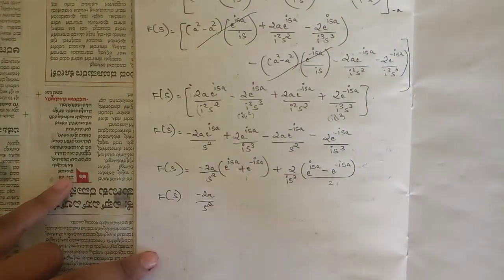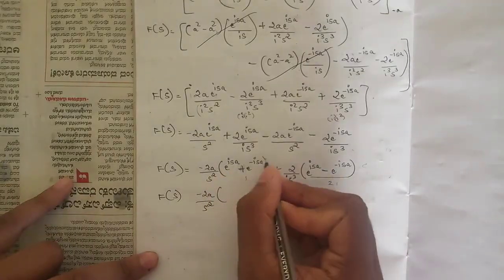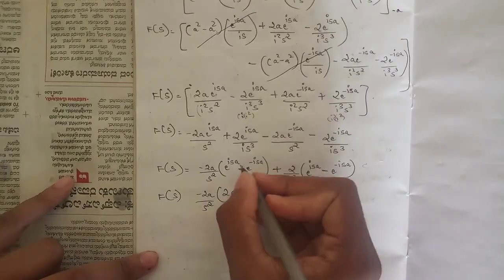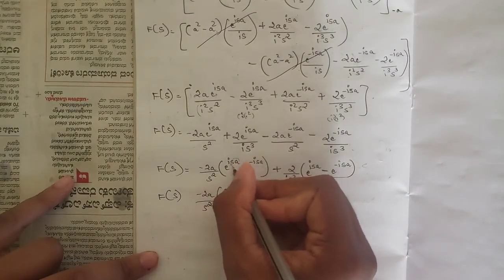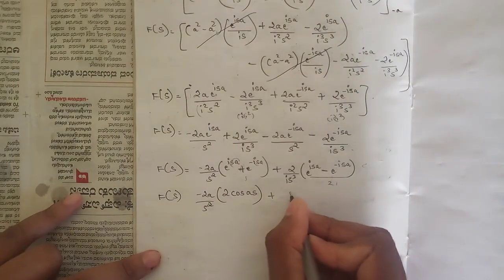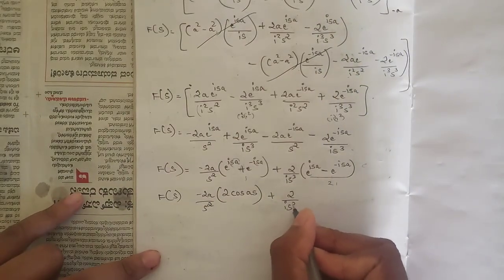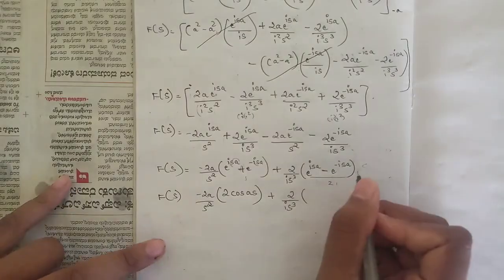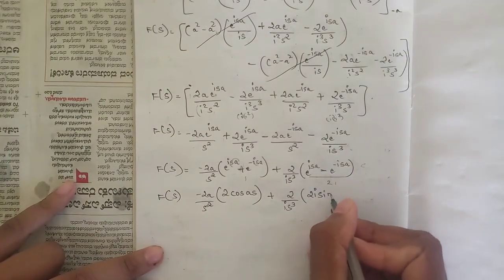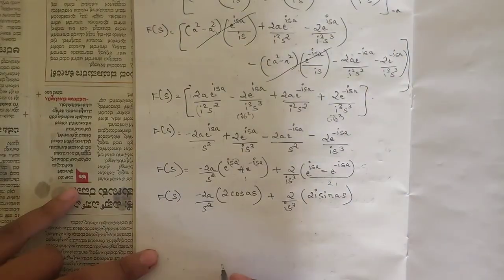Okay, so if we multiply and divide by 2, the numerator will be 2 cos theta. In place of theta, the value here is a into s, plus 2 by is cube. Here we are multiplying and dividing by 2i, since there is minus, so 2i sine a into s.